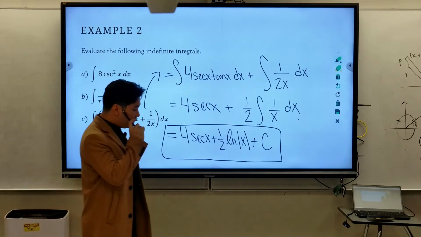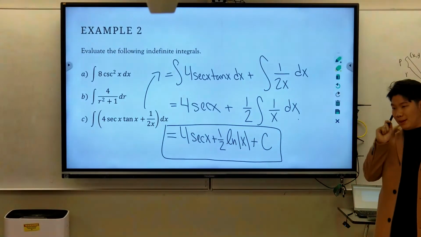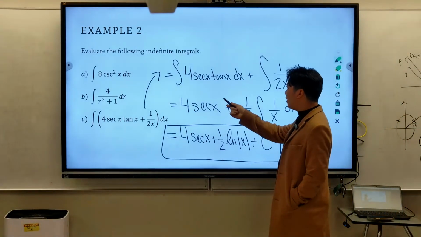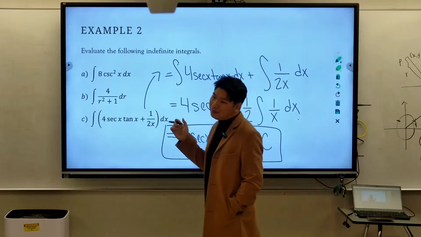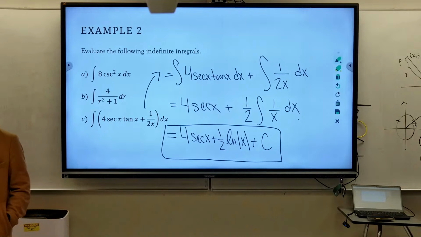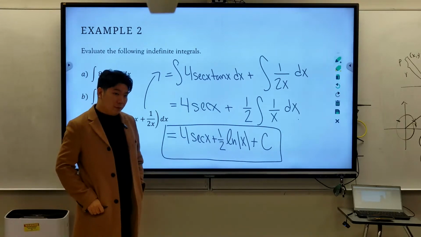One little side question I want to ask here is that I said that every time we do the integral, we put plus c, right? Can someone tell me why did I not put plus c here and then another plus c? Why do I not have 2 plus 2c? Well, yeah, we have done that. But what's stopping me from doing it earlier after I integrate each one individually? Yeah, but why not? Why not 2c? Why not 3c?